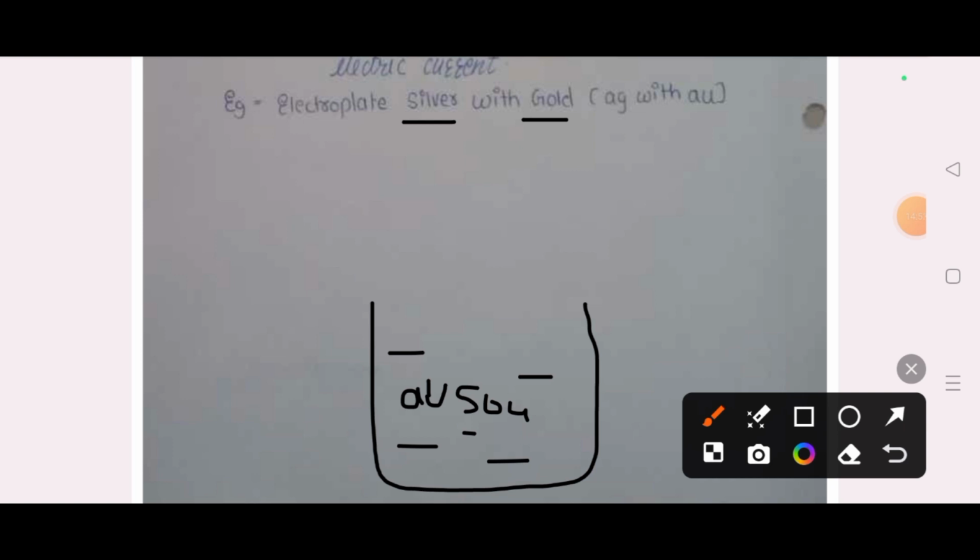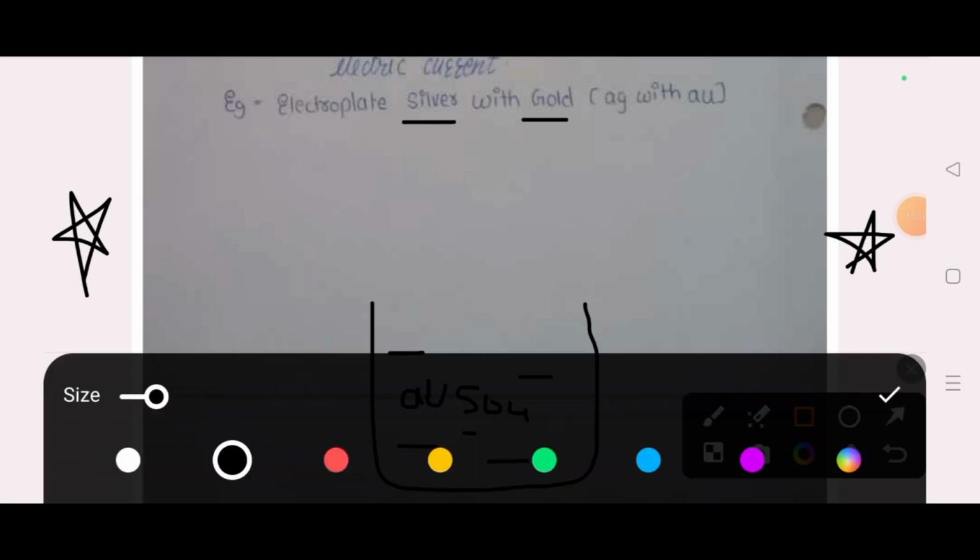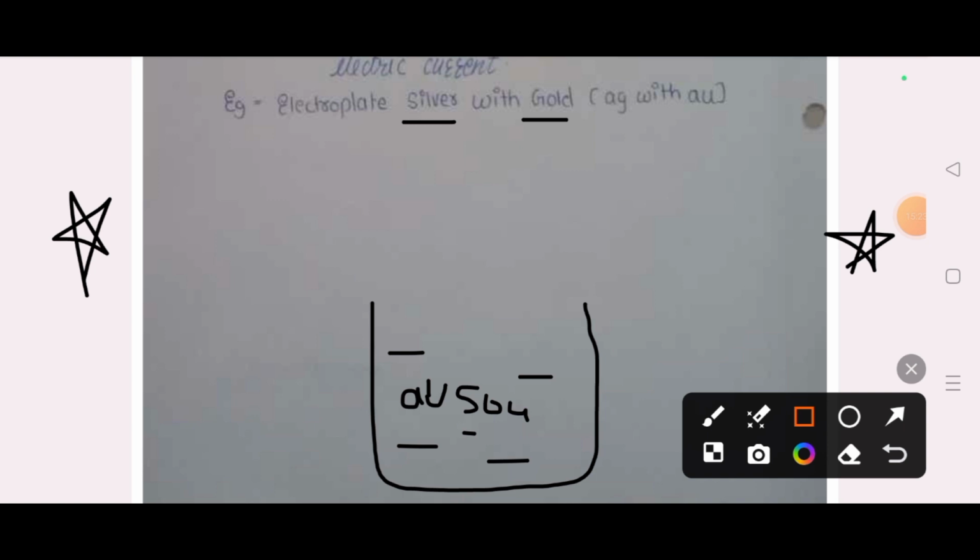Done. Now a very important thing, extremely important, people mostly lose marks there. Now the important thing is that we took AuSO4, which means we took the solution of gold sulfate. Now what you have to do is take one gold strip.